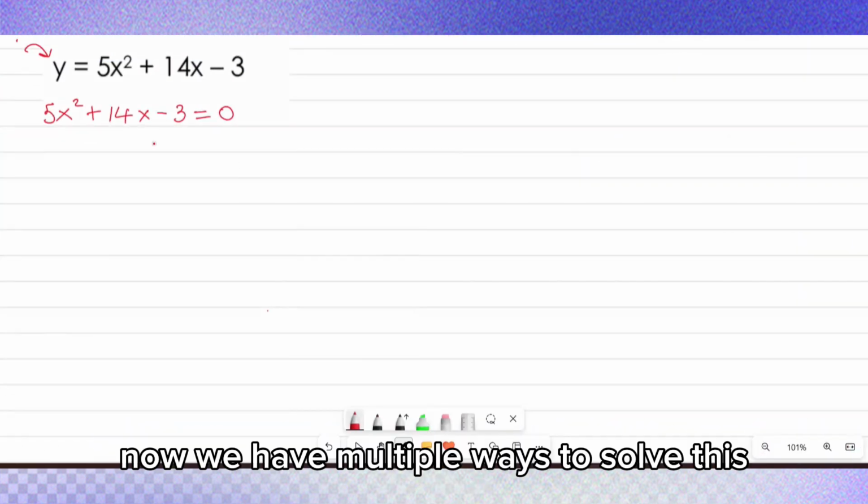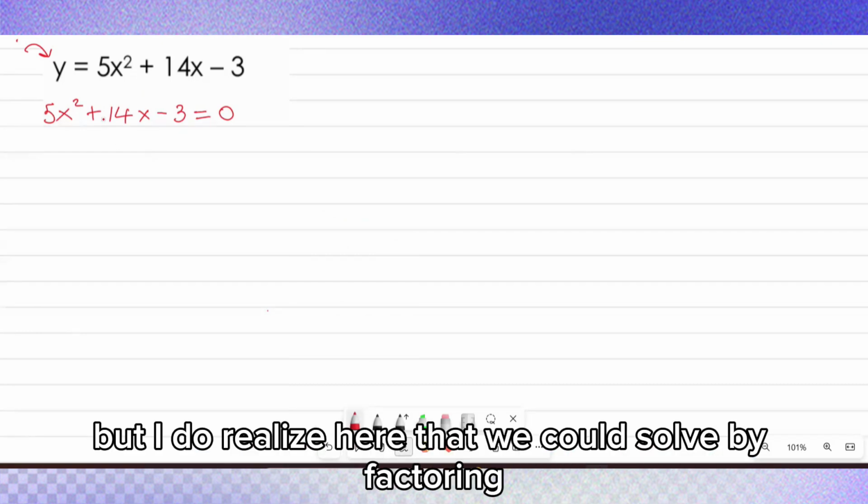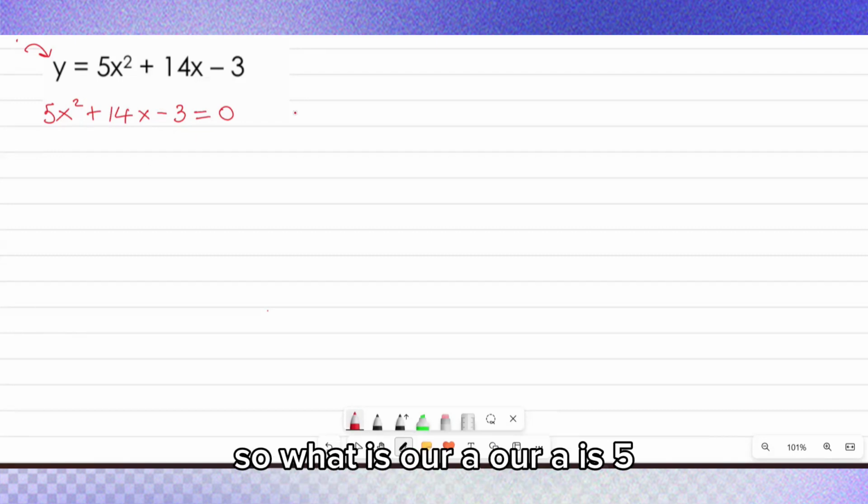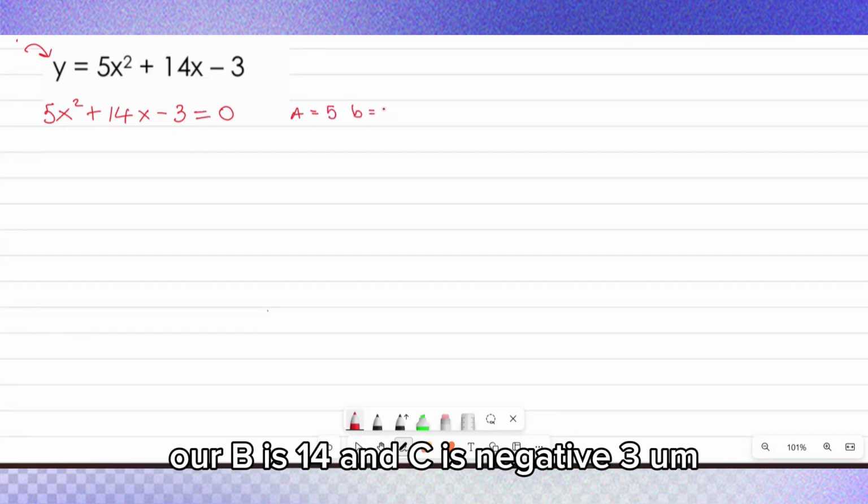Now, we have multiple ways to solve this, but I do realize here that we could solve by factoring. We're going to factor this by the AC method very quickly. So what is our A? Our A is 5, our B is 14, and C is -3.